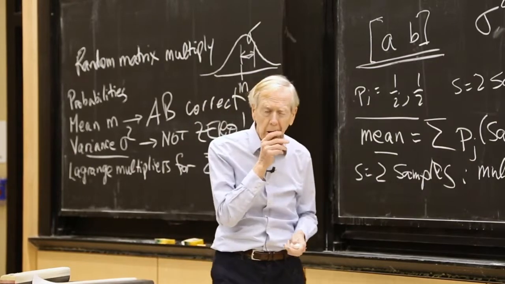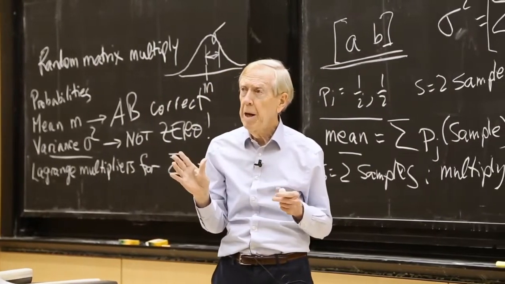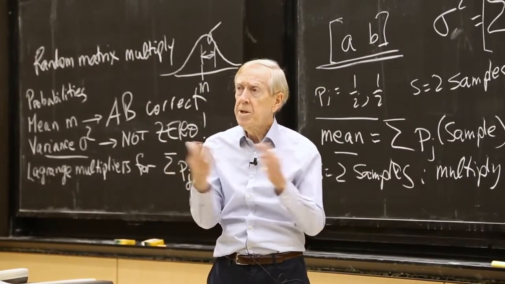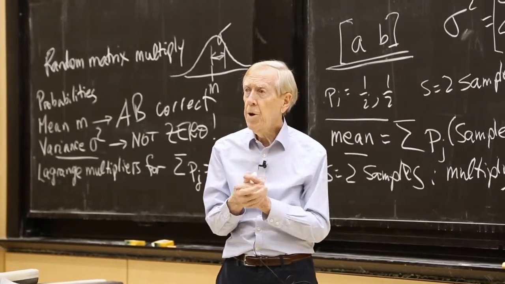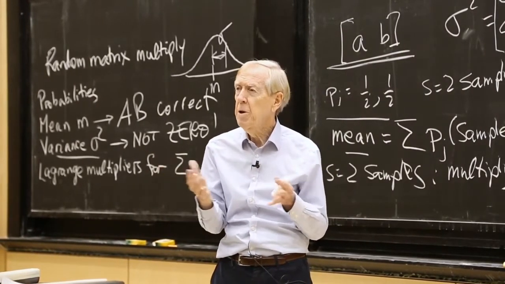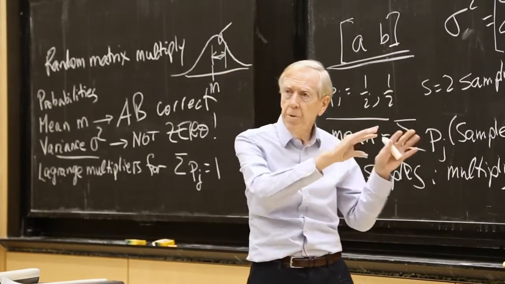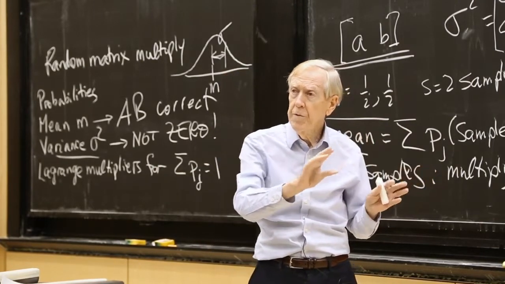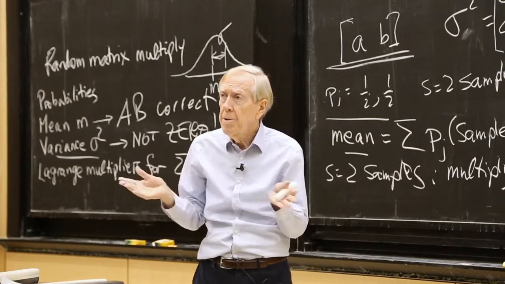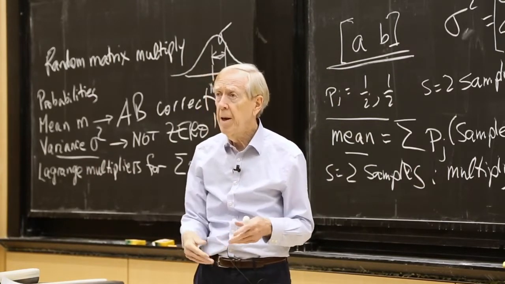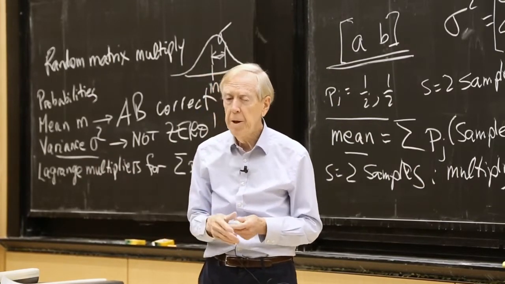Or another way would be to mix the columns so that they have similar sizes, and then keep track of what you've done, and then the probabilities can all be equal.